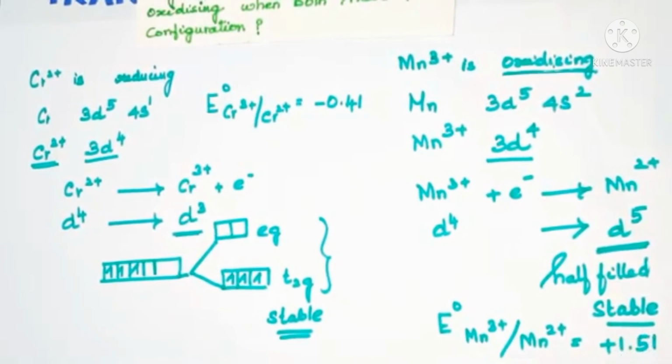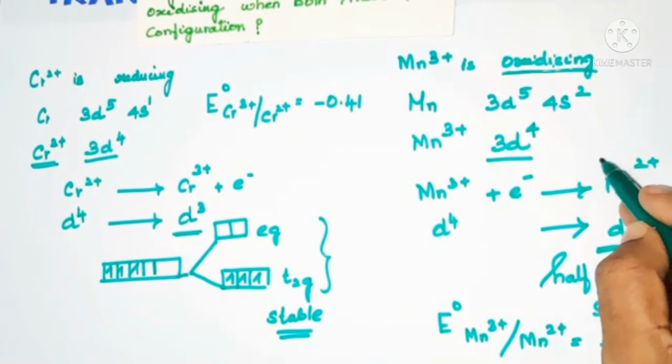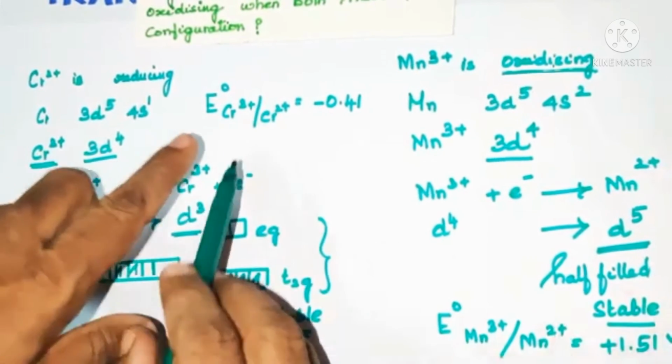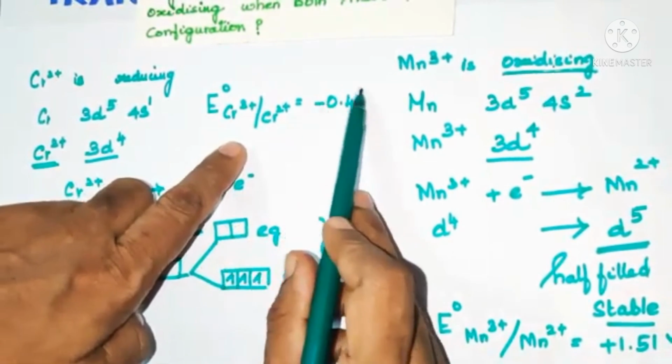With this high E0 value, the low oxidation state is preferred. Which one is the lower oxidation state here? Mn2 plus.